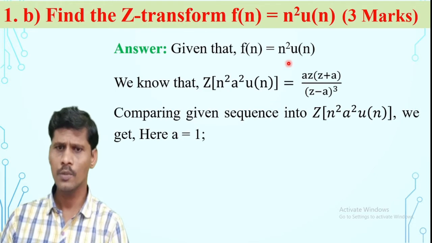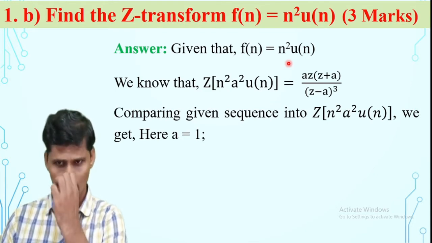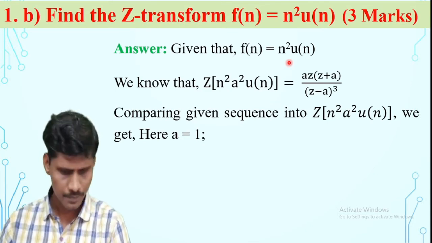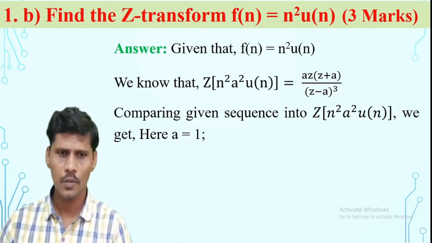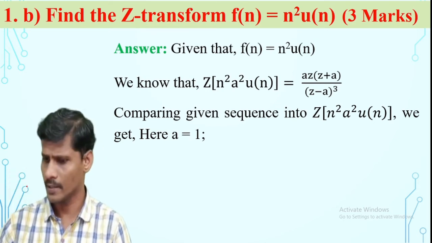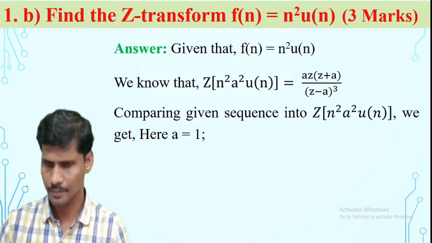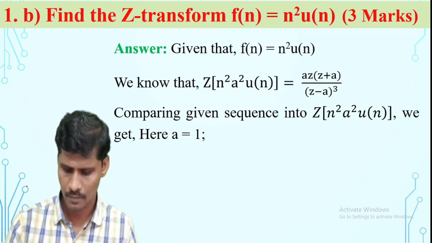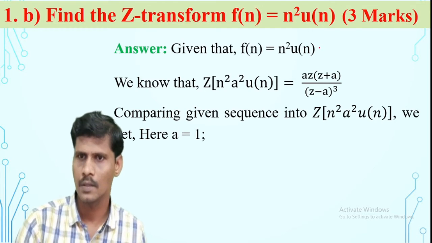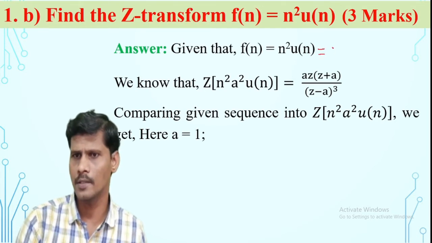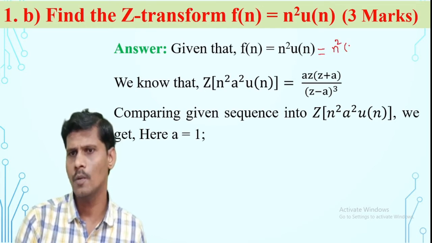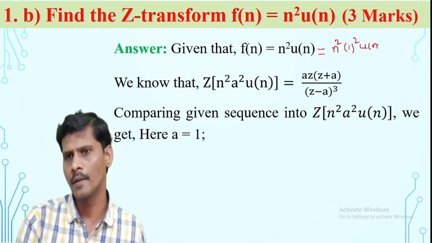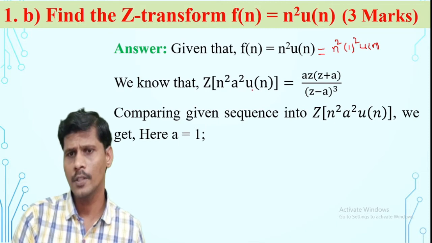Now here the given sequence n square u of n is also written as n square into 1 power n into u of n. Now we are comparing the given sequence with this sequence, a is equal to 1.